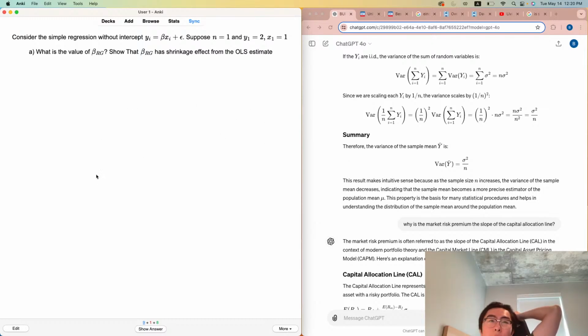To find the argmin with respect to beta, that becomes -2 times (2 minus beta ridge) plus 2 times lambda beta, and that's equal to 0. So we set that equal to 0 to minimize the function. Then we could just divide by 2, so -2 becomes -1, and 2 becomes just 1, and 0 divided by 2 is just 0.